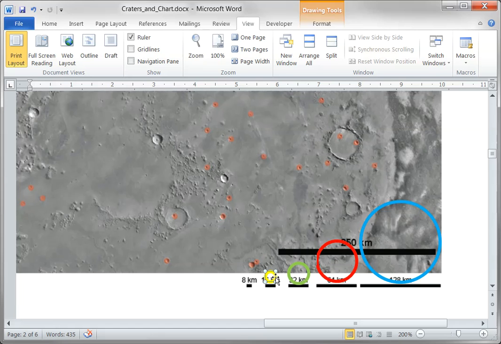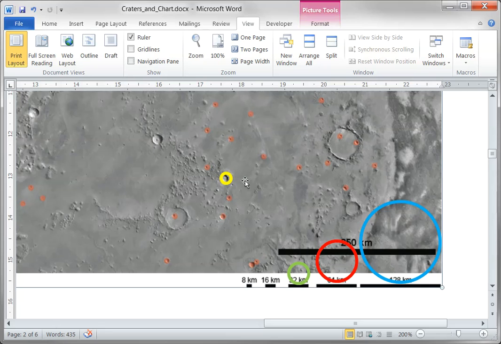If you stay where the yellow colored line is, you'll have a cursor that is a little crosshair, and you can drag it. These craters are clearly too large for that. On the other hand, this one is perfect for it, so you place that over top of it. You have just counted one crater in the 8 to 16 kilometer range.